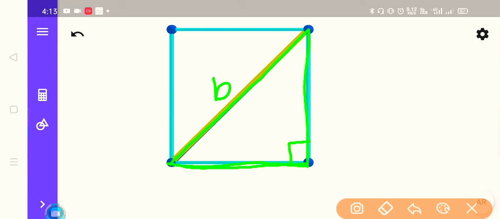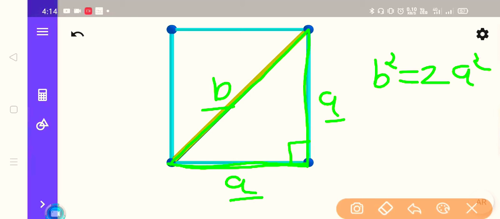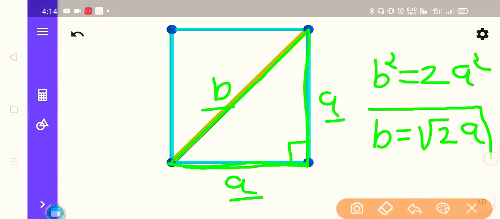This face diagonal line is B, and this is edge length A. So we have three sides of this triangle, A, A and B. According to Pythagoras rule, B square is equal to 2A square for this given triangle, or we can say that B is equal to root 2 A. So this is the relationship between face diagonal line and edge length. Remember this relation: B is equal to root 2 A, or face diagonal is equal to root 2 A.